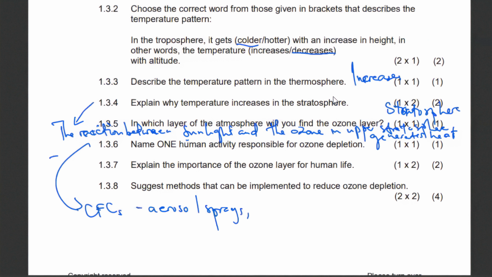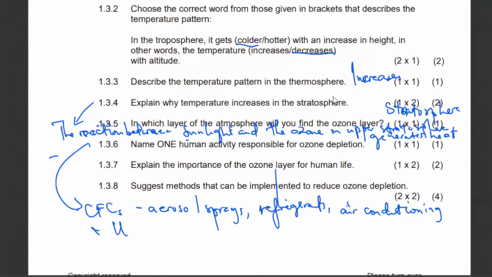And also the use of CFCs in coolants and refrigerants, they are also responsible, and also in air conditioning. They all contribute towards the damage of the ozone layer. So we are looking at activities that involve the generation of chlorofluorocarbons. For example, aerosol sprays, coolants and refrigerants, and also air conditioning. All those are responsible for the damage of the ozone layer.